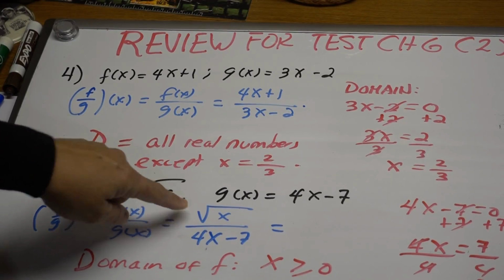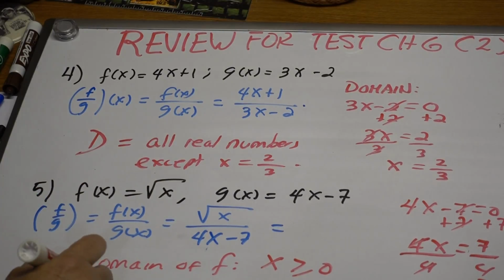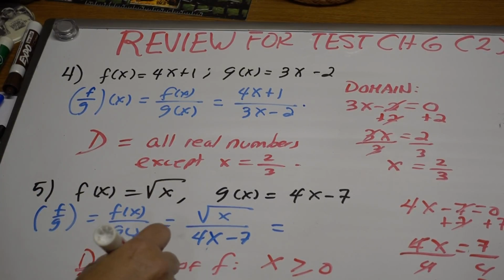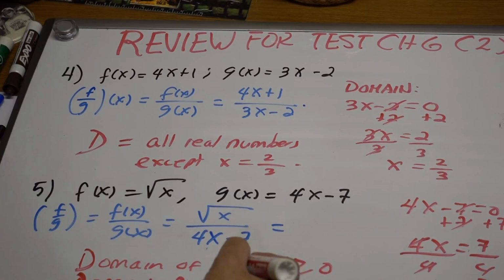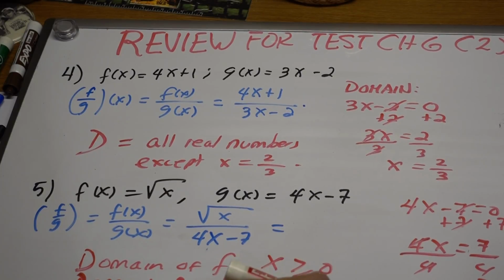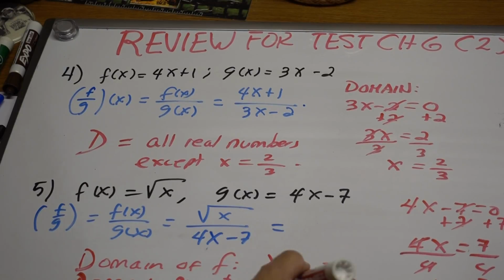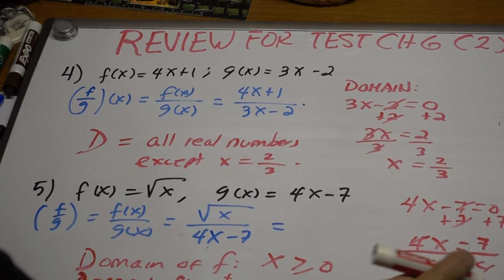So the domain for f over g is x greater than or equal to 0, but at the same time we don't want x to be 7/4.